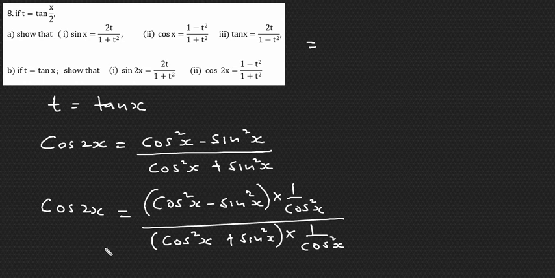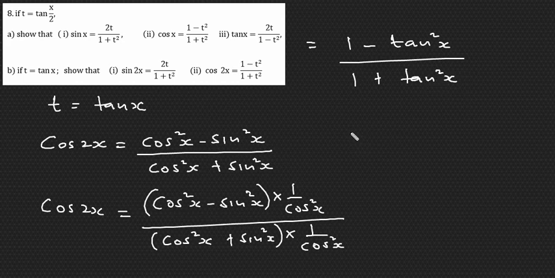So this gives us 1, because this divided by cos squared, you get 1, then minus sin over cos is tan, so sin squared over cos squared is tan squared, over, this gives us a 1 plus tan squared x.